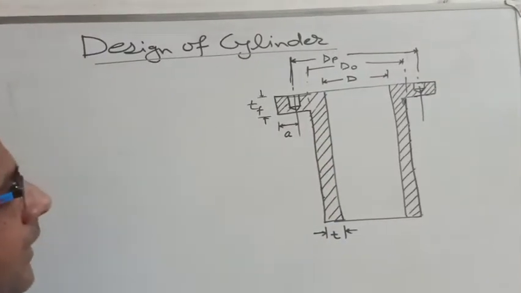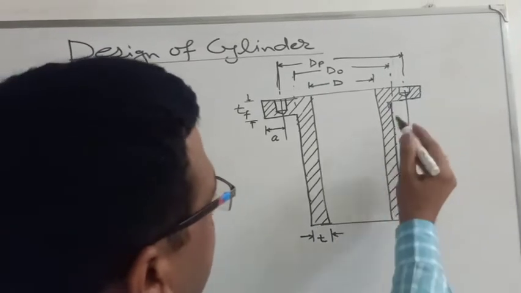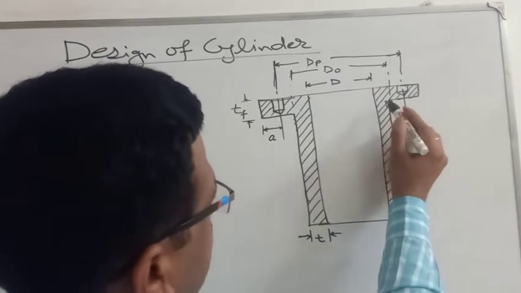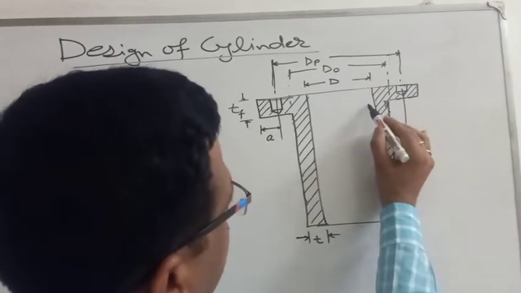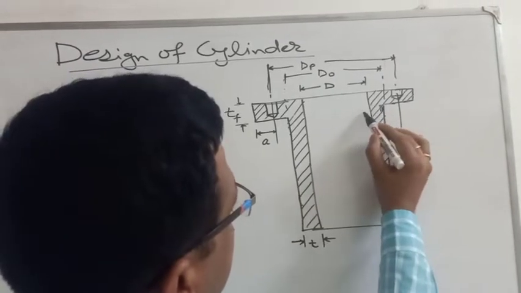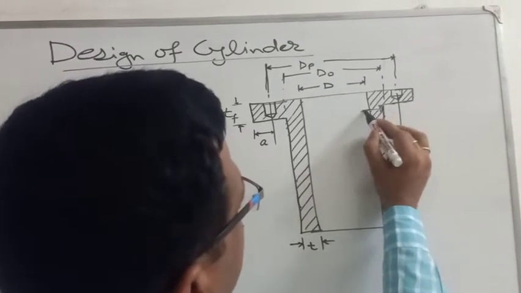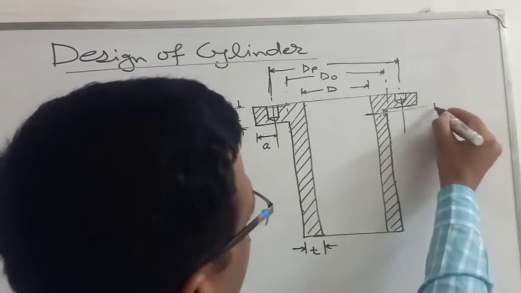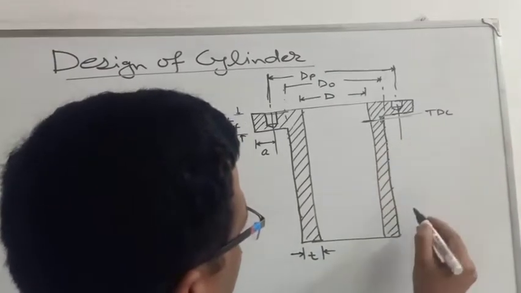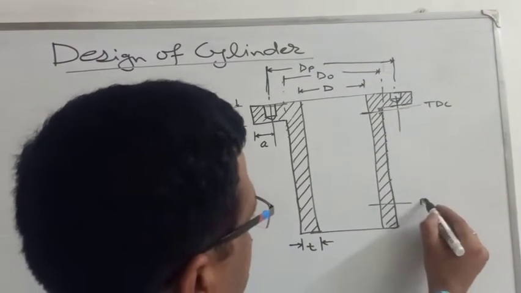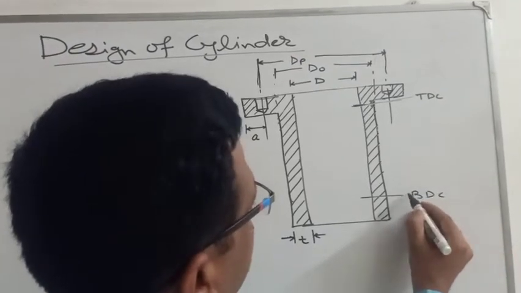the small a. Now we also know that in this cylinder the piston is moving, so we have two points. Let us assume this point is TDC, top dead center, and this point is BDC, bottom dead center.